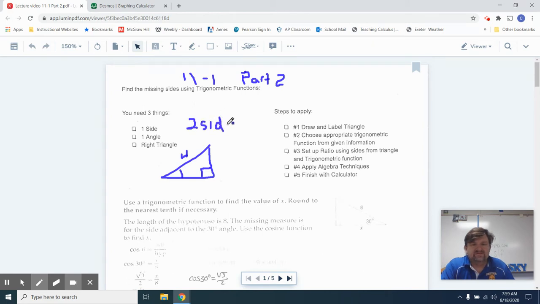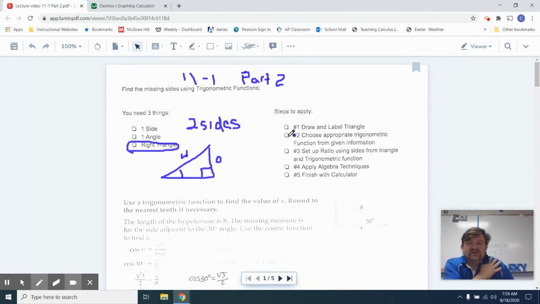You have two sides only, and then you don't need an angle. So if they give you opposite and hypotenuse, you don't need the angle. But everything has to be a right triangle. This has to happen. That always is a have to.